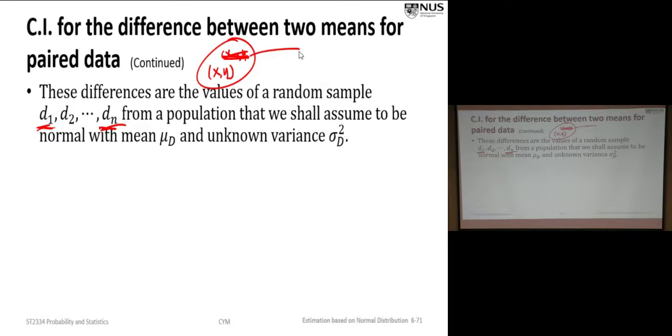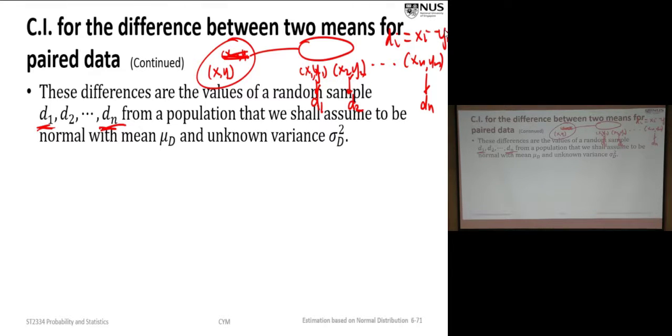I take X1, Y1 for the first individual taken from this one. X2, Y2 is the second individual taken from the population. But instead of looking at Xi, Yi, I just look at D1, D2, and so on. So Xn, Yn, I look at Dn, where Di is defined as Xi minus Yi.